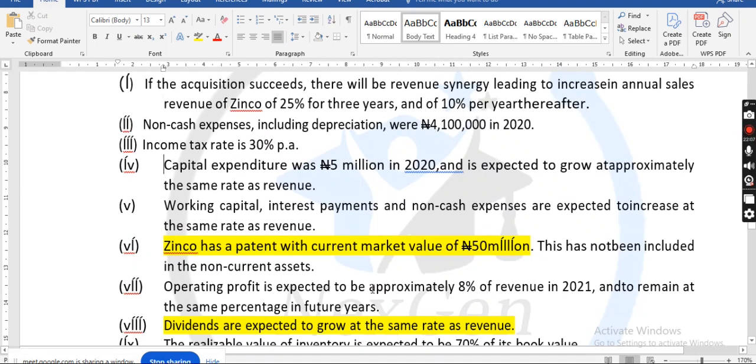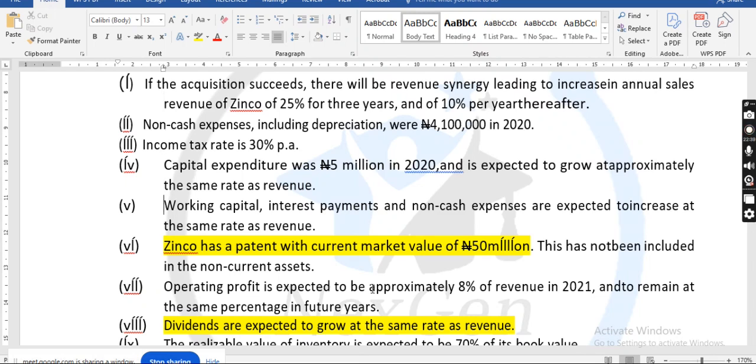The working capital, the non-cash expenses include depreciation, were 4,100,000 in 2020. Income tax rate is 30%. Capital expenditure was 5 million in 2020, and it is expected to grow approximately at the same rate as revenue, and the revenue will grow by 25%. So, the capital expenditure, which is your non-current assets, will increase by 25%.